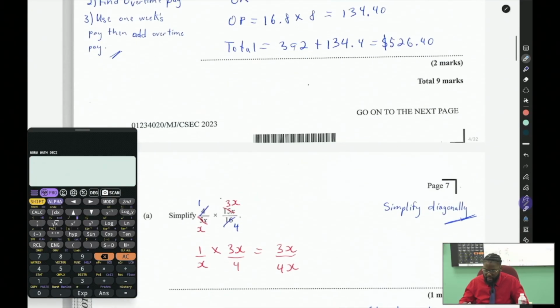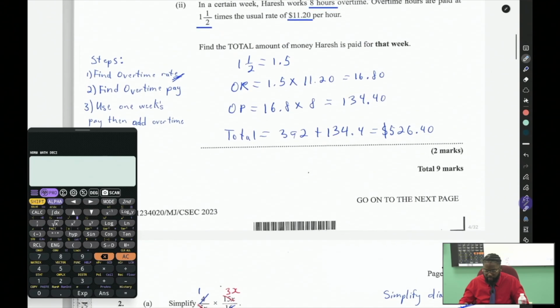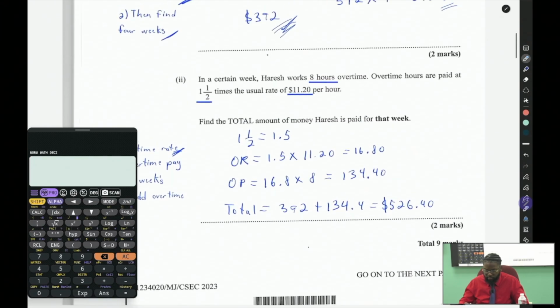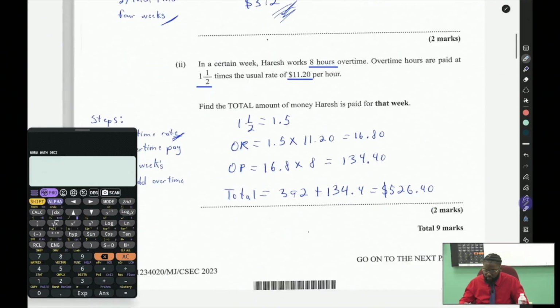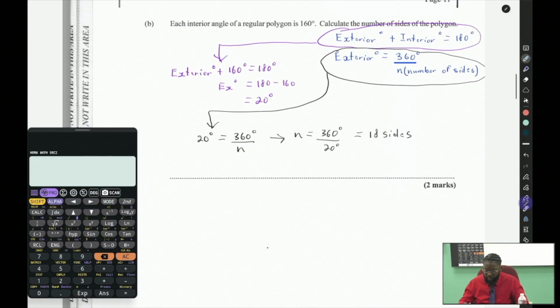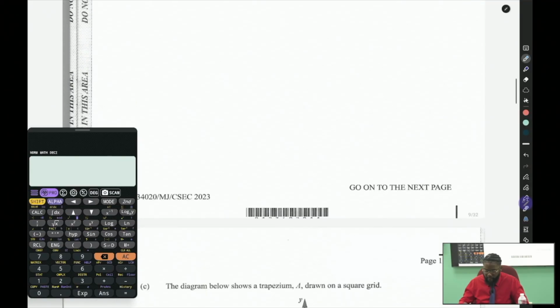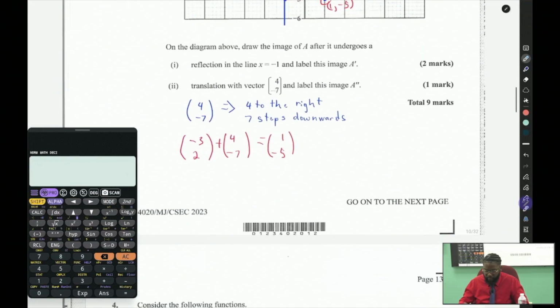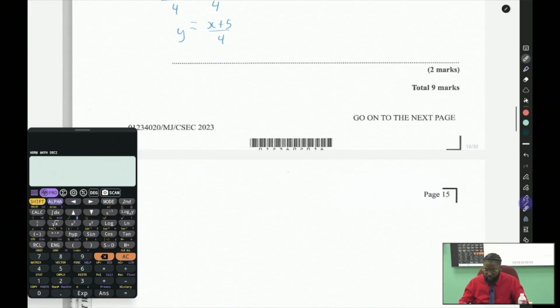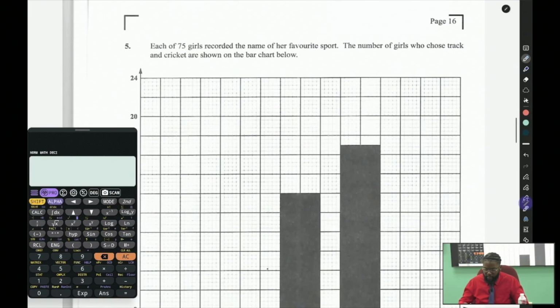It's always nice to check over. So we are good so far. So let's continue.